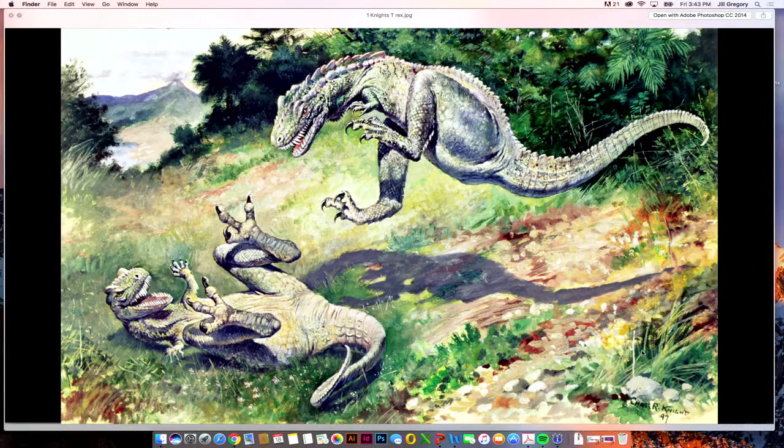So the question is, was this data known to be true at the time that Knight painted this image? Really, the fossils that were being obtained around the early 20th century, paleontologists were more concerned with how these animals even stood or walked, much less how they leaped on top of one another. So no, this was not known to be true.